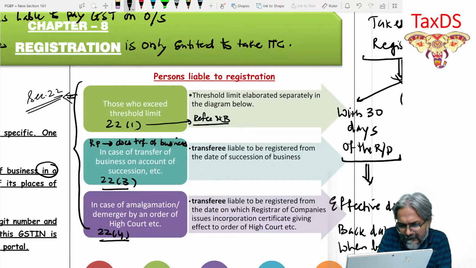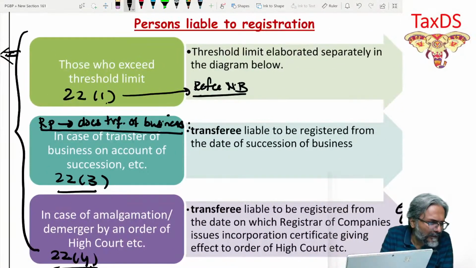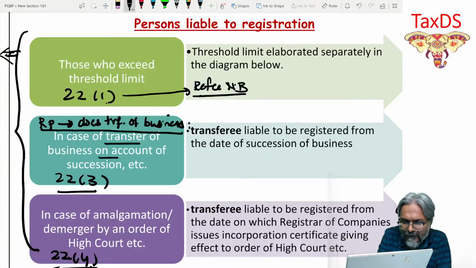This is the point. So if a registered person is doing a transfer of business, then that transfer of business is on account of succession, sale or succession, students, in this context.